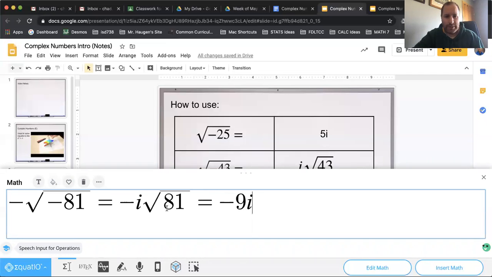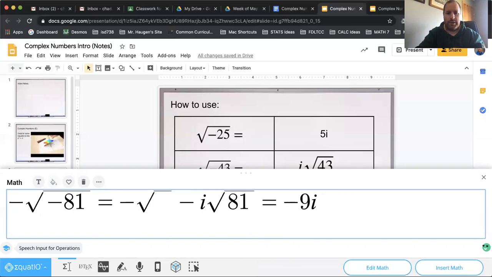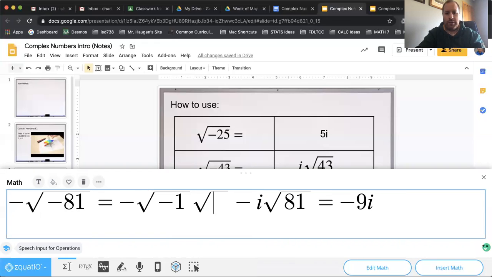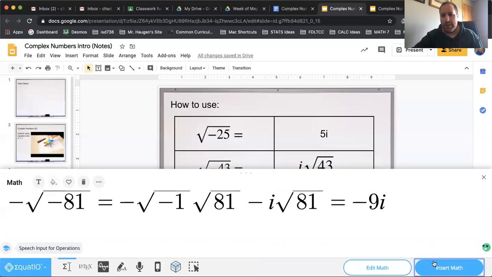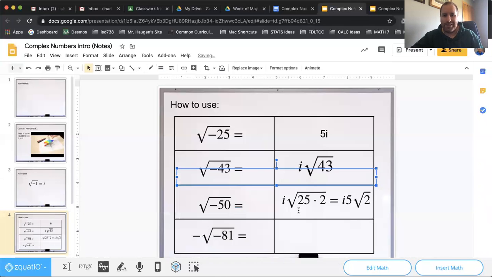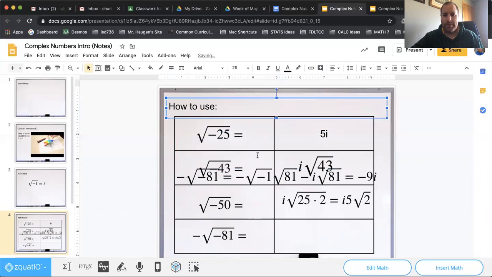So here we'd have to take care of this negative in here first. Actually, we could put one more step in there. Let's put negative, so we can see the square root of negative 1 and the square root of 81, so that we see we're separating this first. That would be technically what's happening. Some people, when they go through this one, I'll have to move this around a little bit so that it fits under there.